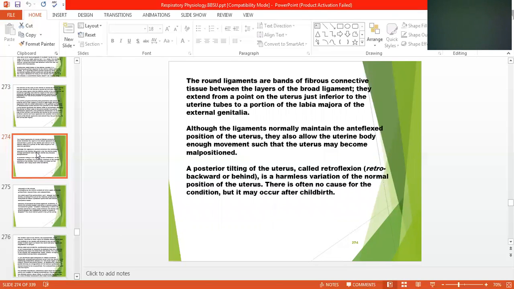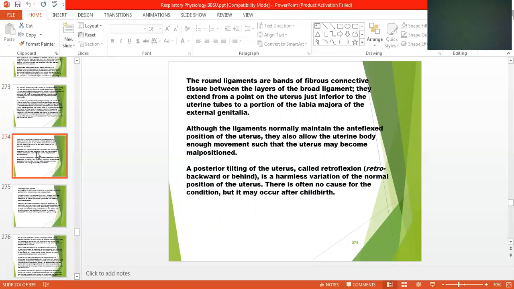The thick portion is known as labia majora, and the thin portion is known as labia minora. Although the ligaments normally maintain the anteflexed position of the uterus, they also allow the uterine body enough movement such that the uterus may become malpositioned.